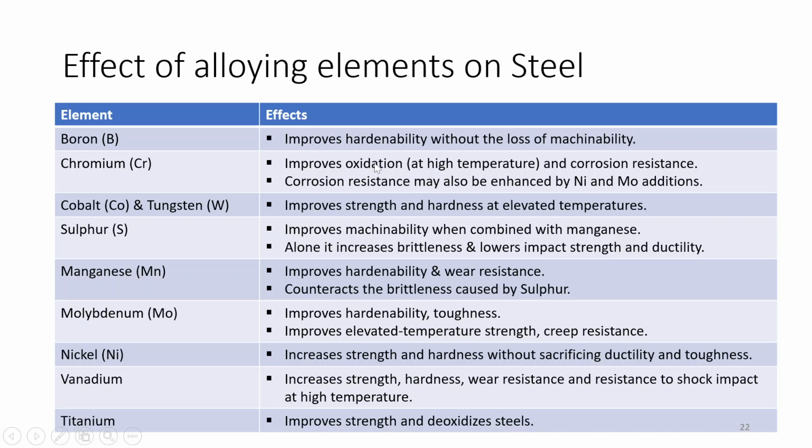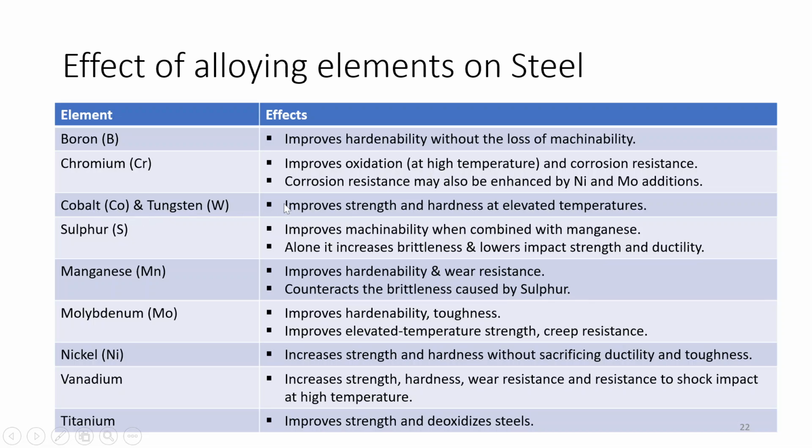Chromium improves oxidation resistance at high temperature, and it provides corrosion resistance. Corrosion resistance may also be enhanced by nickel and molybdenum additions, since nickel and molybdenum also form oxide layers which are impervious in nature.